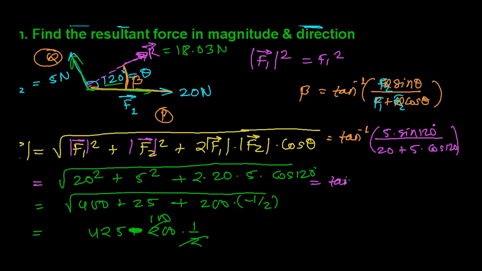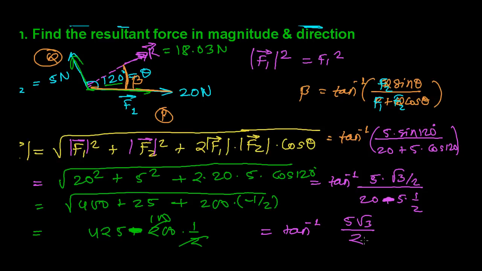So tan inverse of 5 times sine 120, which is root 3 over 2, divided by 20 plus 5 times cosine 120, which is negative 1 over 2. Let me solve further. It's 5 root 3 divided by 2, and the 2 goes up, so it's 40 minus 5.